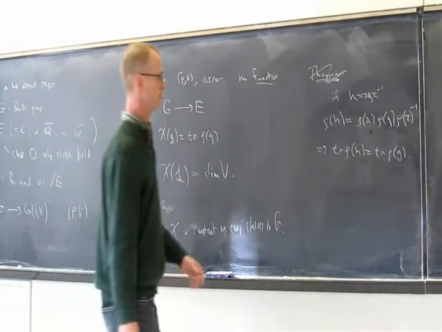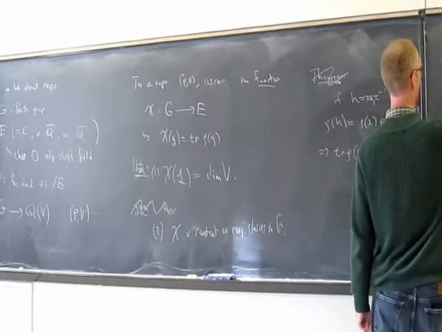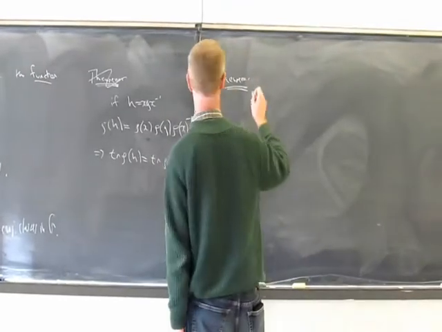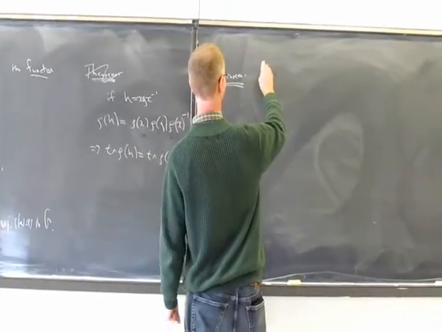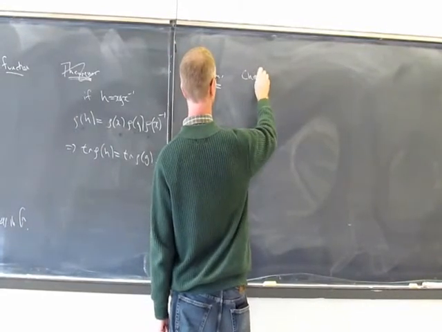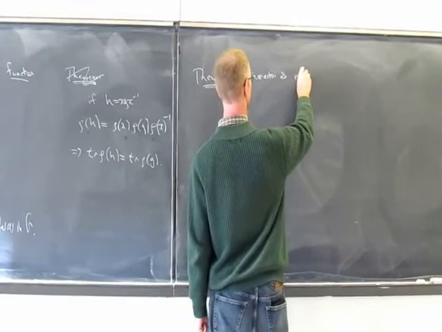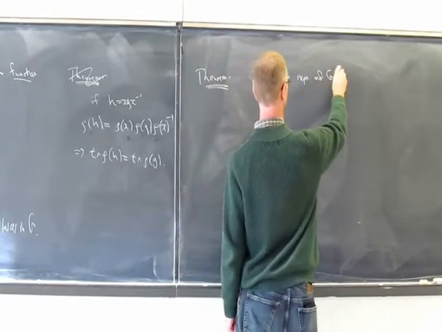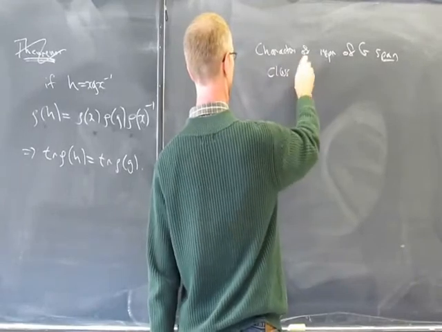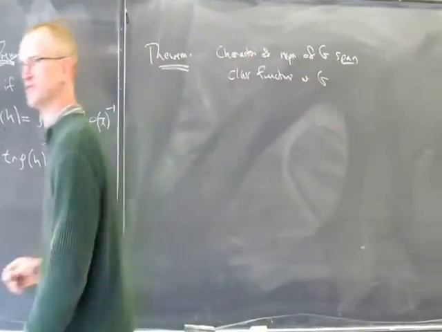So the theorem says, in fact, that the characters of representations of G span the class functions on G. So that's the first version.